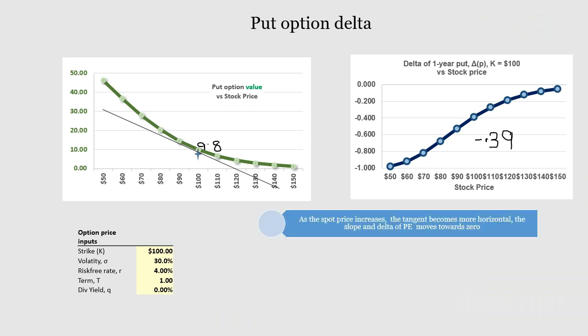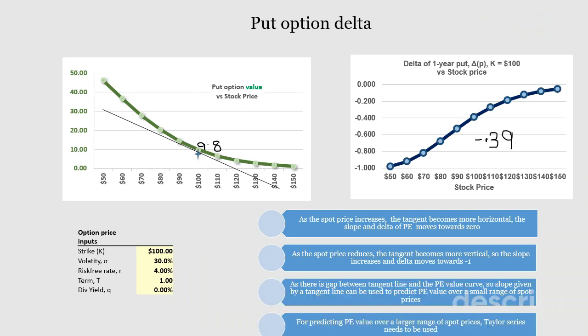As there is gap between the tangent line and the P value curve, the slope given by the tangent line can be used to predict P value over a small range of spot prices. For predicting a put option value over a large range of spot prices, Taylor series needs to be used.